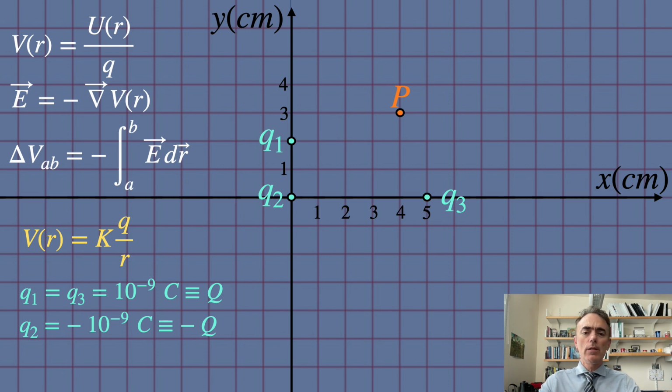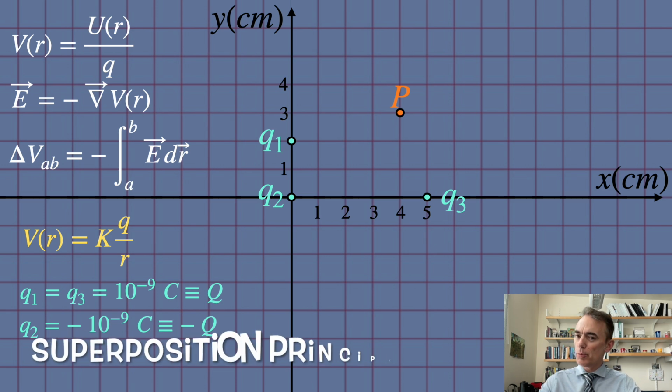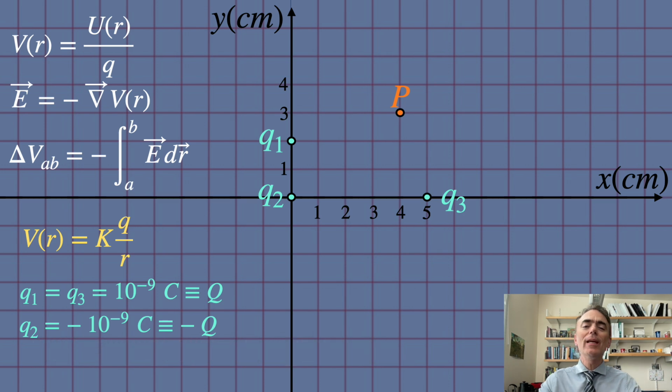We have these 3 charges, and we want to calculate the potential at P. Because of the superposition principle, I can calculate the electric potential due to each charge individually and then add them up together.